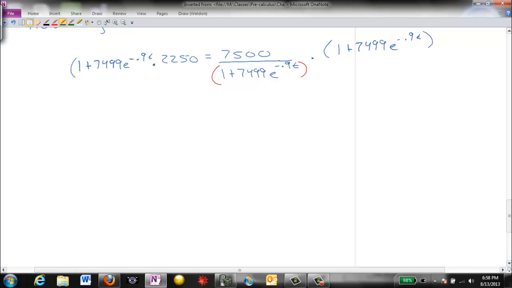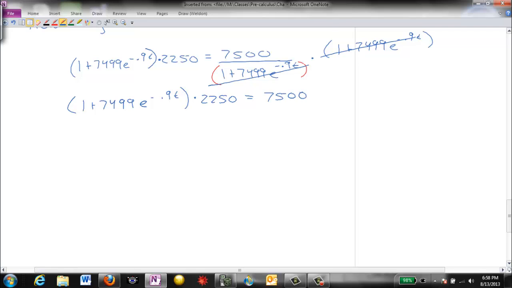There we go. So when I multiply both sides of the equation by that expression itself, the expressions cancel over here on the right-hand side, and what I'm left with is 1 plus 7499 e to the negative 0.9t times 2,250 equals 7,500.